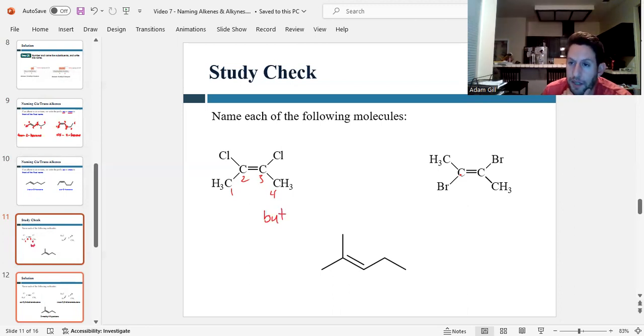And there's a double bond, which means it's an alkene. So it's going to be butene. Where does the double bond start? Carbon 2. And it looks like we've got a chloro and another chloro substituent. And so that's dichloro.